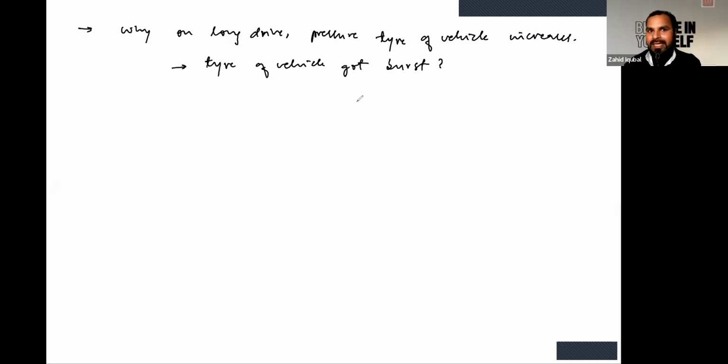That's why pressure inside the tire increases on a long drive, and if it becomes significantly large, the tire often bursts. Is it clear? Yes, sir.